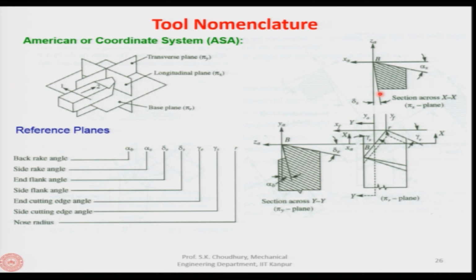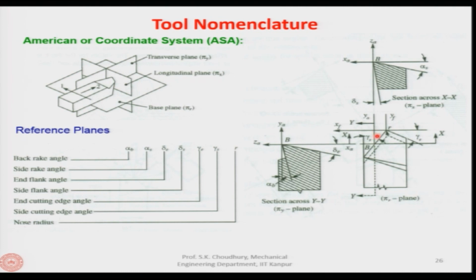Therefore, the inclination of the rake face with respect to the line perpendicular to the cutting velocity vector, this is the line, makes an angle which will be called the rake angle. Similarly, in this view the rake angle will be between the rake face and the line perpendicular to the cutting velocity vector here. Now, mind it, in these two planes both are rake angles, but the values of the rake angle will be different, because these are two different planes, because there are different inclinations given to the tool.